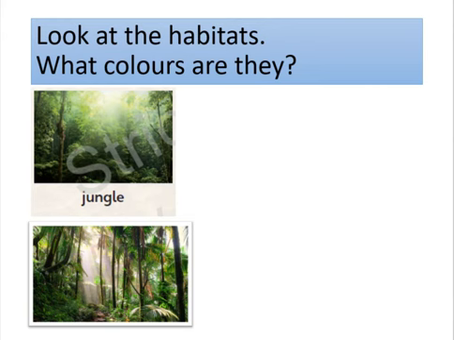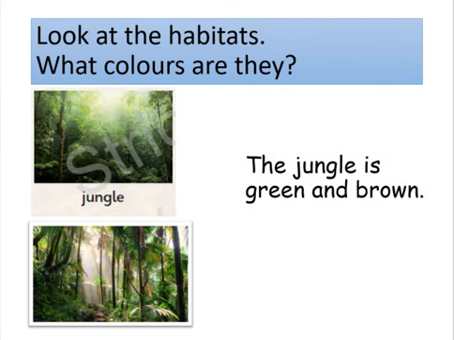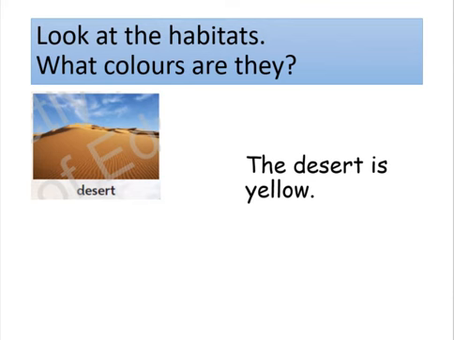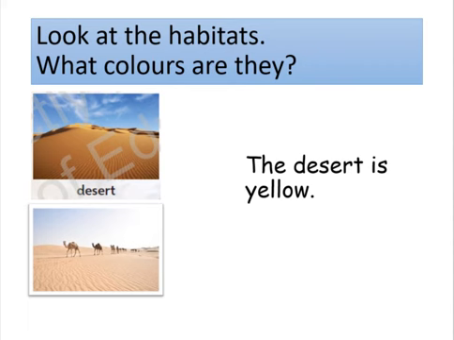What colors is the jungle? As you can see in the pictures, the jungle is green and brown. What colors is the desert? The desert is yellow.